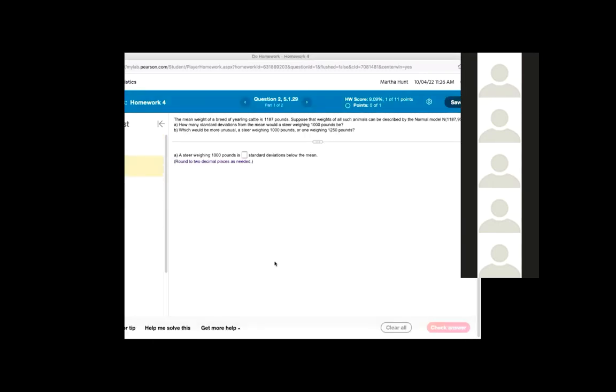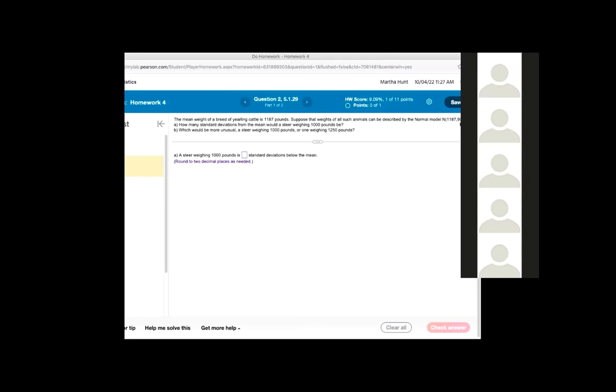Okay. You're breeding cattle. The mean weight is 1187. And then it says it's normally distributed. This notation gives you the first number as the mean, and the second number as the standard deviation.